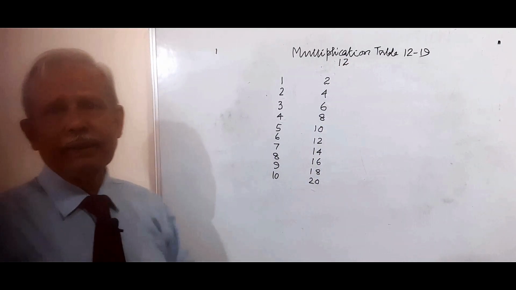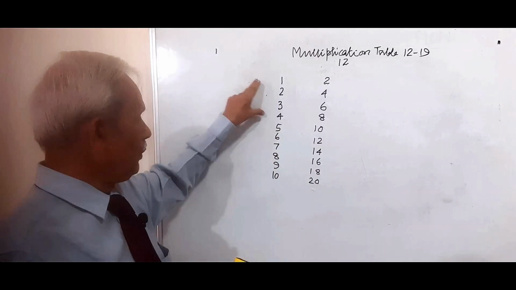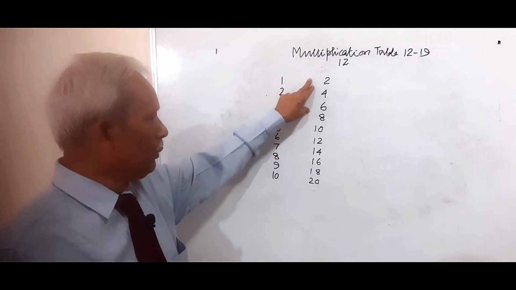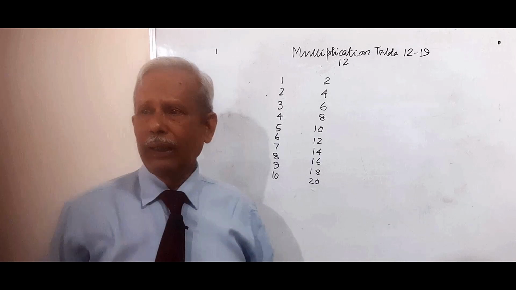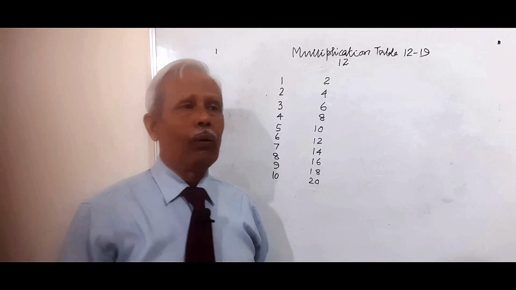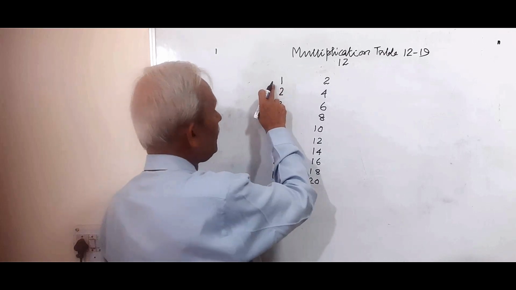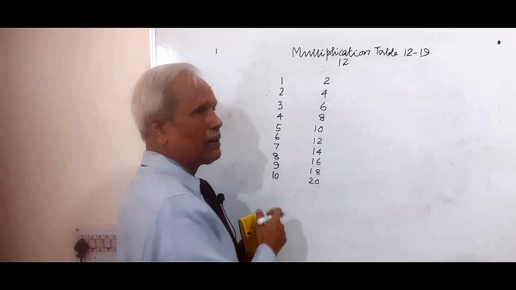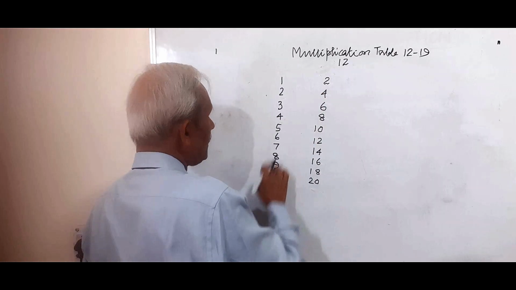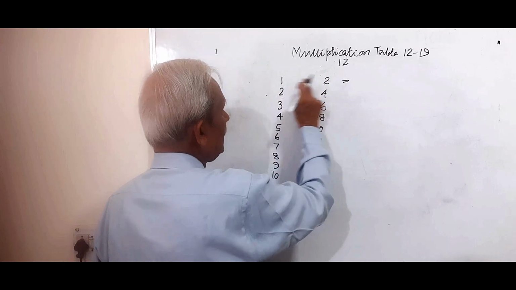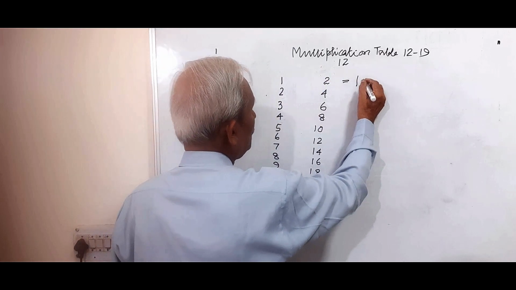So the next thing: first you have put your 1 to 10 numbers, and here we have put the successive multiples of 2 in the right column. Now what is required to be done in the third step? Put these left column numbers at the tens place. If you put it at the tens place, this is the ones place, this is the tens place, it becomes 12.